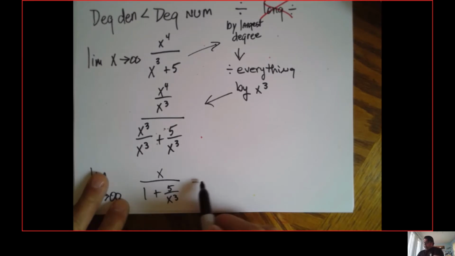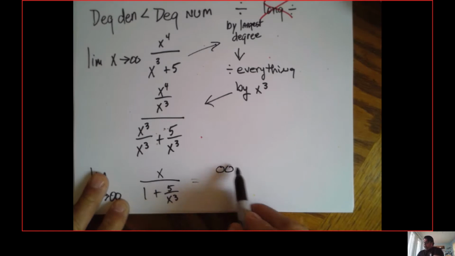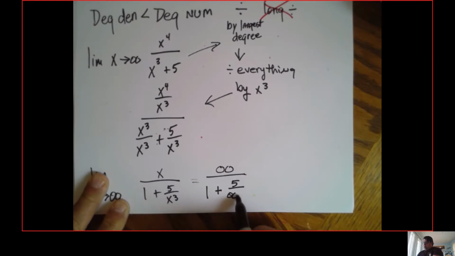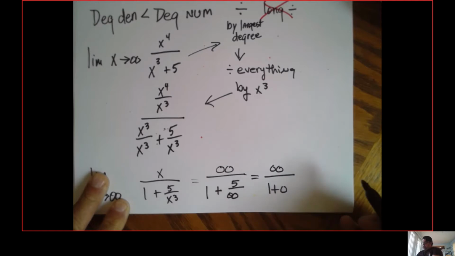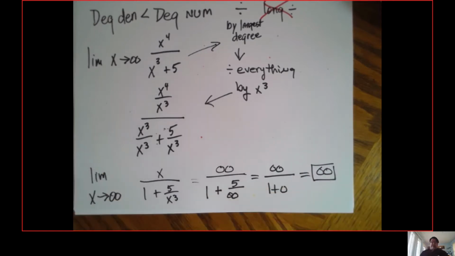So infinity over 1 plus 5 divided by infinity is equal to infinity divided by 1 plus 0, which is equal to infinity over 1, which is equal to infinity.